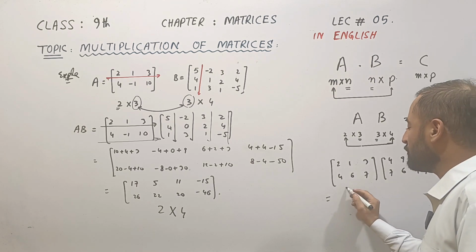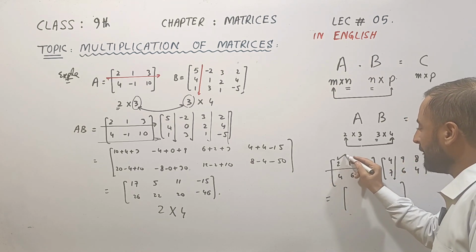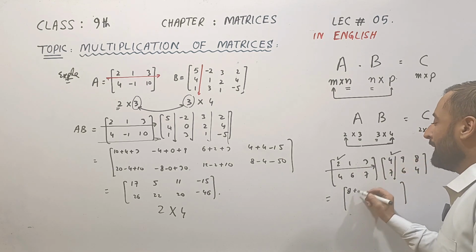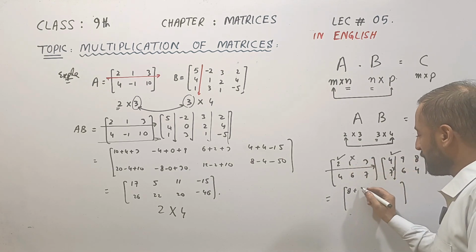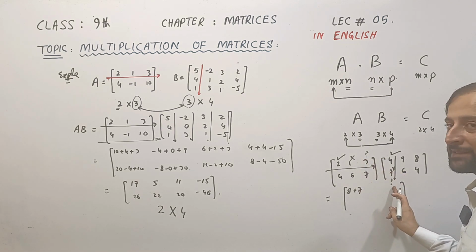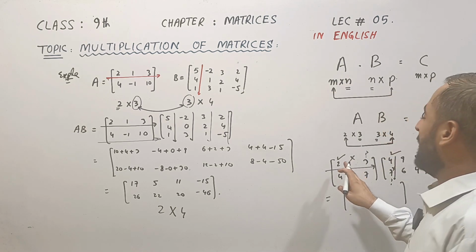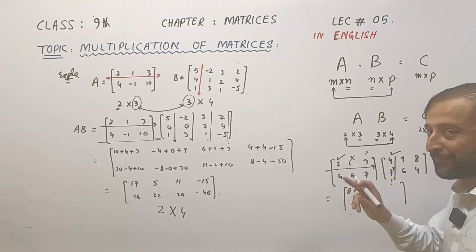Why? Because if you try to multiply them, the first row element will be multiplied with this, and this with this. Well and good. What will be multiplied with this? The corresponding number for this third element is missing. So number of columns means number of elements in a row.